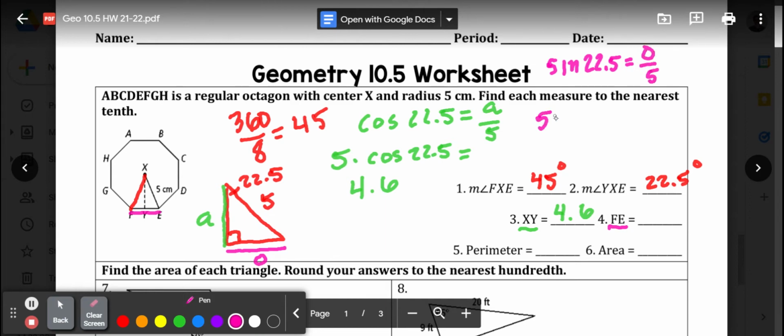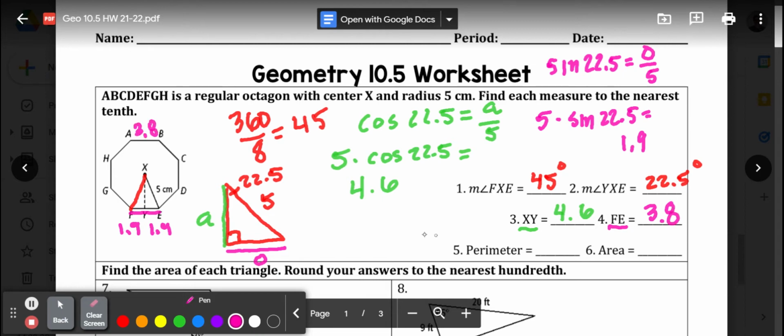So we're going to do 5 times sine of 22.5, which is going to give us 1.9. But that's only this piece. So this is 1.9 here, and this is also 1.9. So we have to double it. 1.9 plus 1.9 is going to give me 3.8. So that's the side length. This side length right here is 3.8.